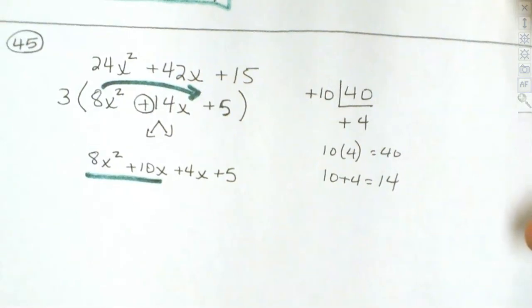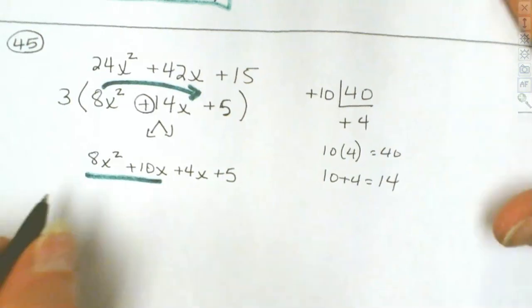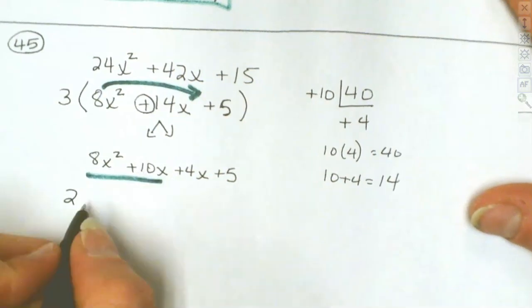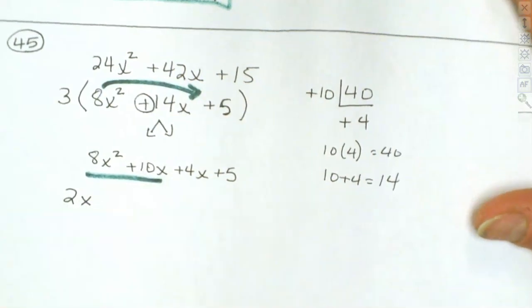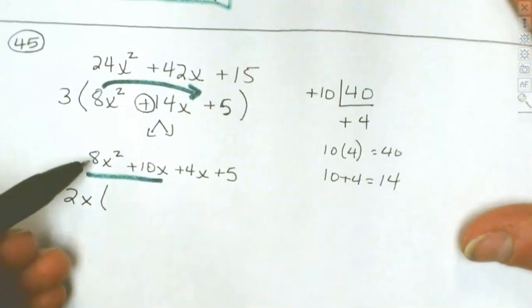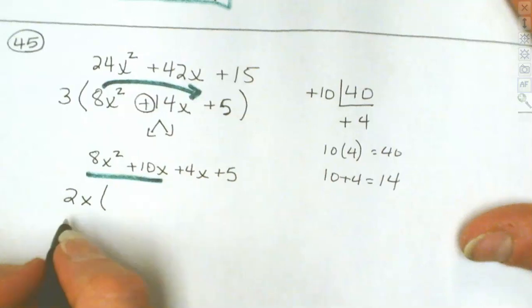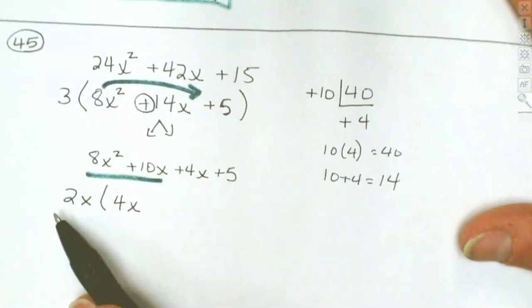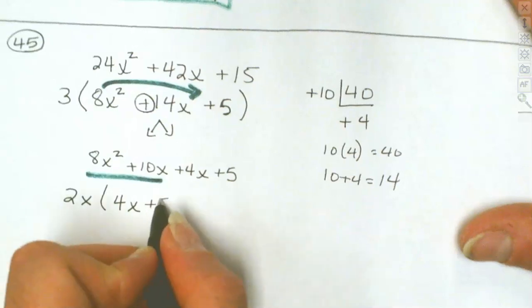What would you factor out? 8 and a 10 have what in common? They have a 2 in common, right? So 2 is going to come out. What else do these have in common? An x. So a 2 and an x comes out. What's left over? 8 divided by 2 is 4, so that's a 4x. 10 divided by 2 is a 5.